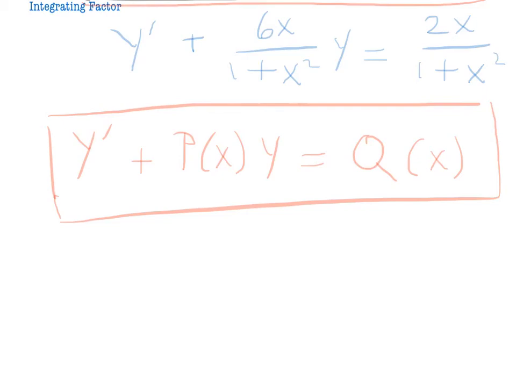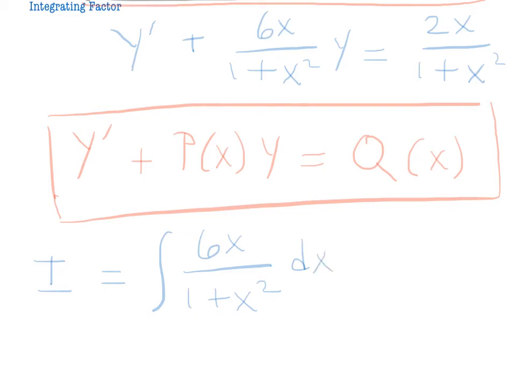Okay, the next thing we want to do then is find what I is. And as you can check for yourself, I is the integral of 6x over 1 plus x squared dx.